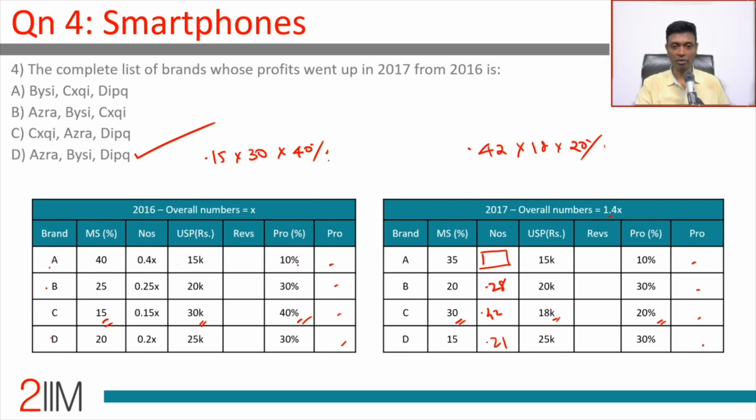So 0.15 into 40% is 0.15 into 0.4, which is 0.06 into 30, which is 1.8. 0.42 into 18 into 20%, or 0.42 into 20% is 0.084. 18 into 0.084: 18 times 4 is 72, 18 times 8 is 144, plus 7, 151, so 1.512. This is 1.8, that is 1.512. So from 2016 to 17, Cxqi falls, whereas the other three increase.